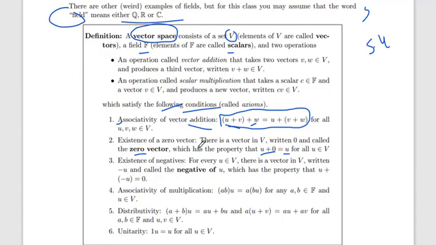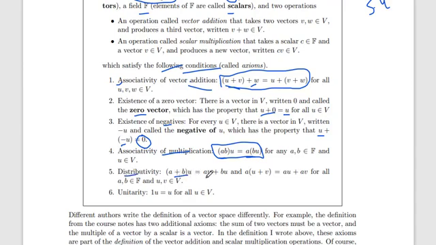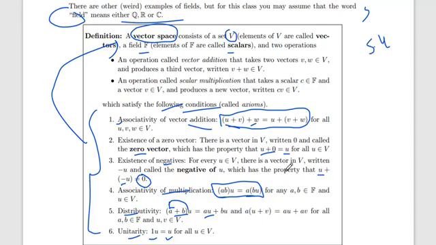The third condition is existence of the negative: if we add a vector and its negative, we get the zero vector. Associativity of multiplication, and the distributive condition: (a plus b) times u, you multiply with both vectors, au plus bu. And unitarity: if we multiply a vector by one, we get the same vector. So these six conditions have to be followed to be called a vector space.